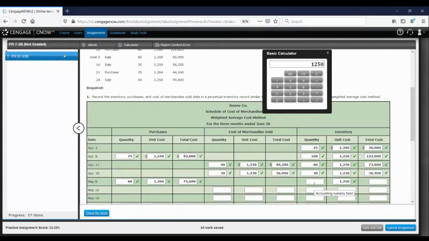Now the quantity that we have now is what we had left over from April the 30th, which is 30 units, plus what we just purchased. The quantity that we have now is 90 units. You would multiply the 90 units times the 1,250 to get the total cost.